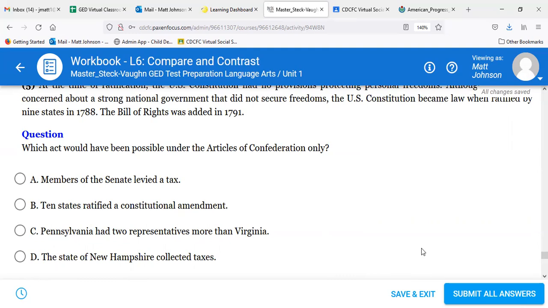So thinking about the contrast between the Articles of Confederation and the U.S. Constitution: the Articles of Confederation gave more powers to the state, whereas the U.S. Constitution gave more power to the central government and the federal government. So considering that, which one of these would have been more possible under the Articles of Confederation? And it mentions specifically that it took away this ability from the states.